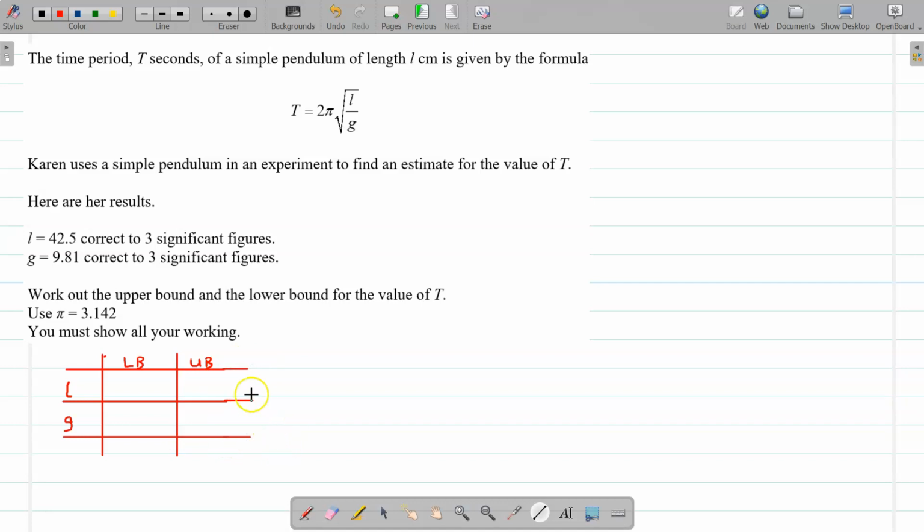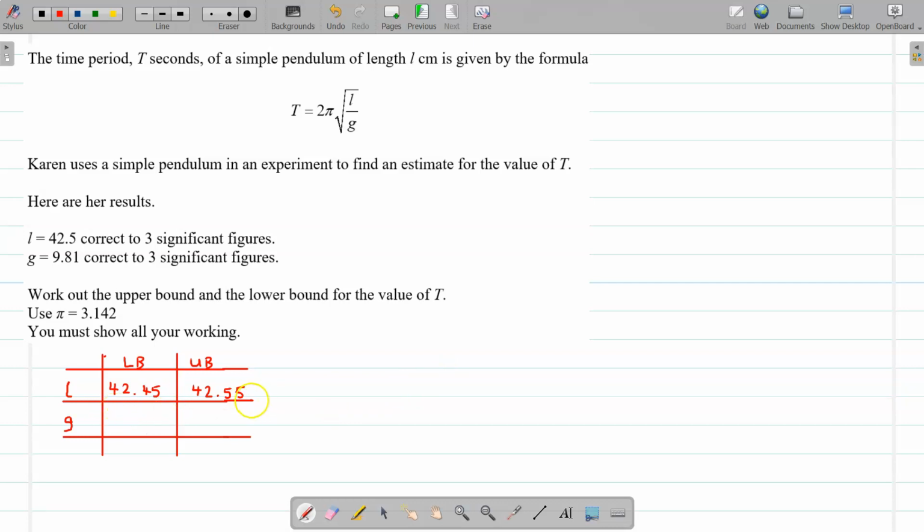And what we've got to do is just put the lower bound of L in first of all. Well, if that's given to 3 significant figures, it could have been as low as 42.45, or it could have been as high as 42.55. Well, up to, but not including 42.55, but we define the upper bound as the actual switchover point.